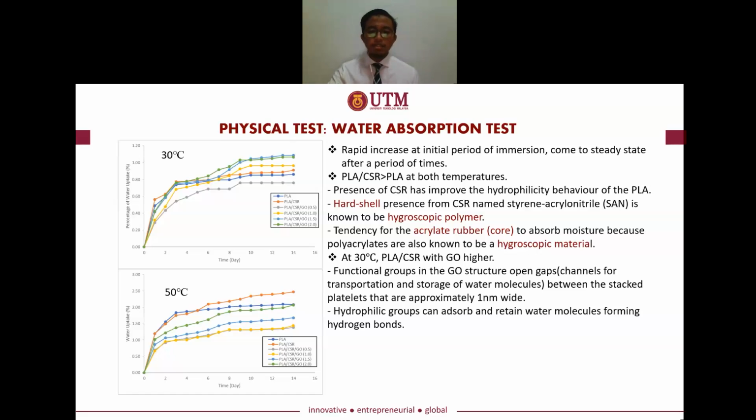At 30 degrees Celsius, PLA/CSR with graphene oxide is higher due to the graphene oxide structure, where when immersed in water, the functional groups in the graphene oxide structure open gaps, and these gaps channel the transportation and storage of water molecules. Graphene oxide also has hydrophilic groups that can absorb and retain water molecules by forming hydrogen bonds.